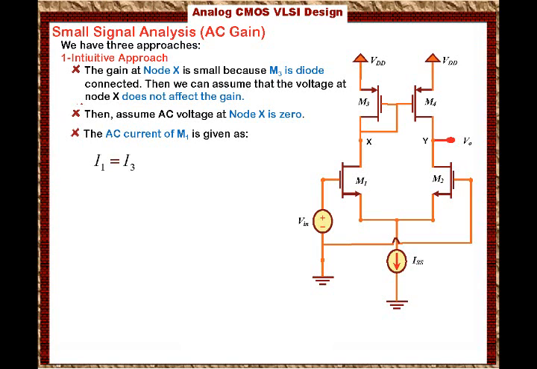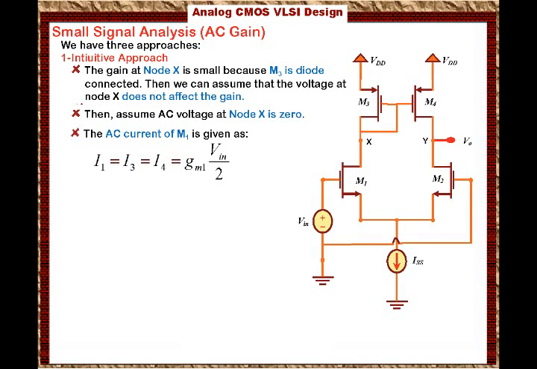AC current, right? But because M3 and M4 are diode connected, we can say that I3 equals I4. The AC current in I3 is the same as the AC current in I4, which is nothing but gm1 times Vn over 2.